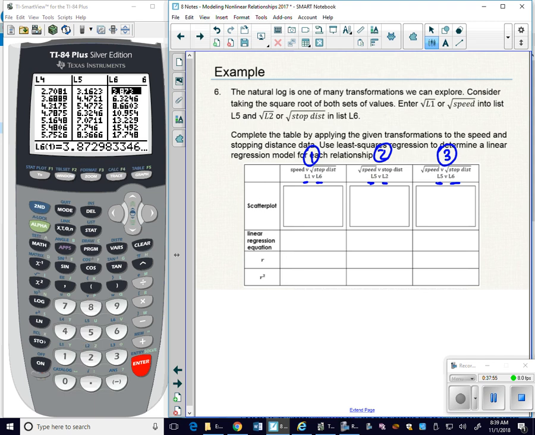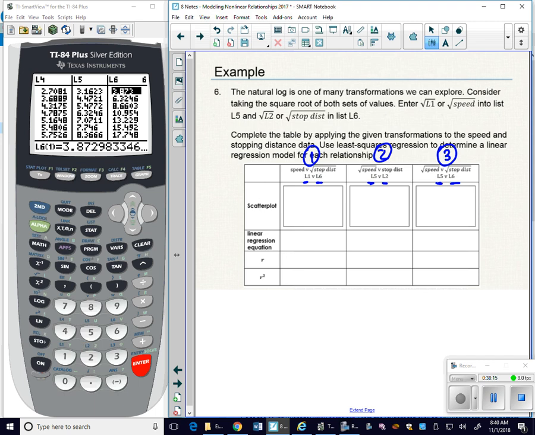We could seriously go out there and also look at combinations of square roots and logarithms if we wanted, but I don't want to go there. Now we're going to look at the transformations using square root only. So what I'd like you to do is pause the video, and go ahead and work with the people around you to construct scatter plots.